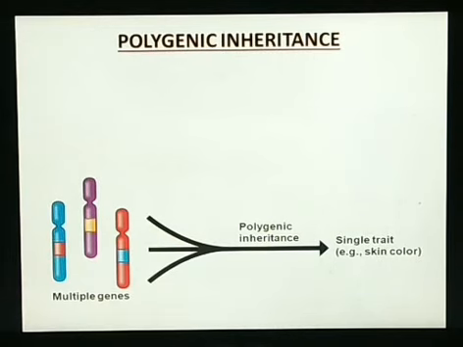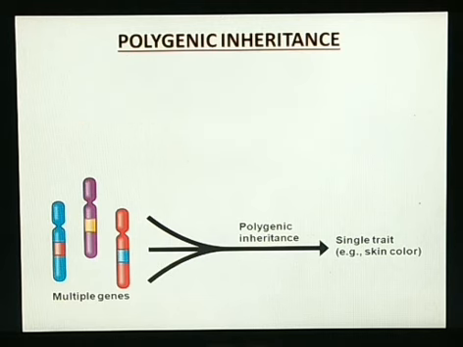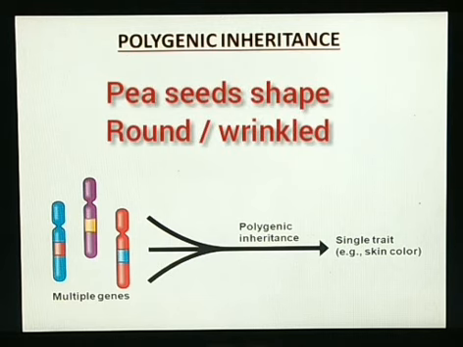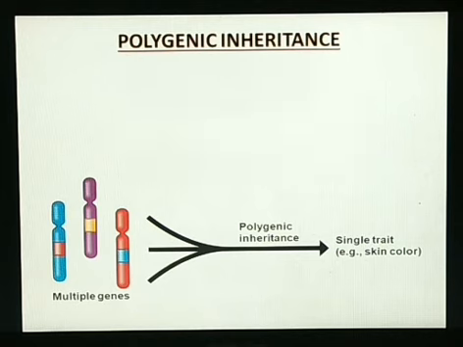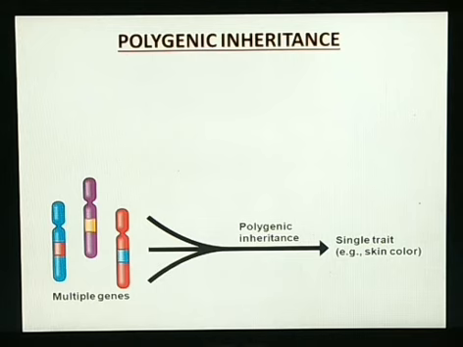All the traits studied by Mendel have two alternative forms without any intermediate form in between. For example, if seeds we consider, they were either round or wrinkled. If stem height, it was tall or dwarf, right?